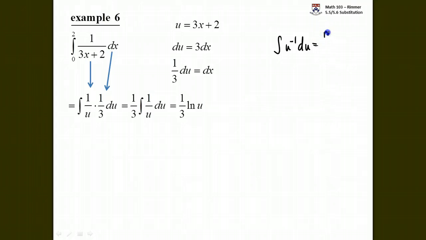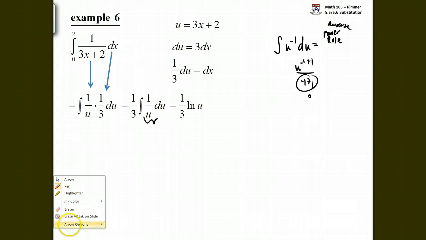It doesn't work out, because if you do, just think what happens. You're supposed to add 1 to the exponent and divide by the same thing, but that'll be dividing by 0. So it doesn't work. You just have to remember that the antiderivative of 1 over u is the ln of u.